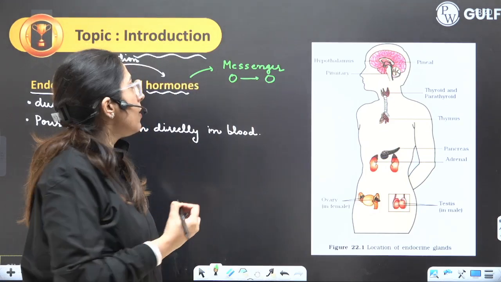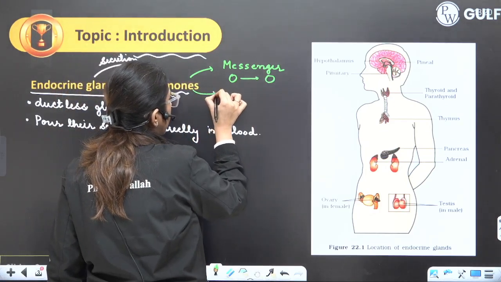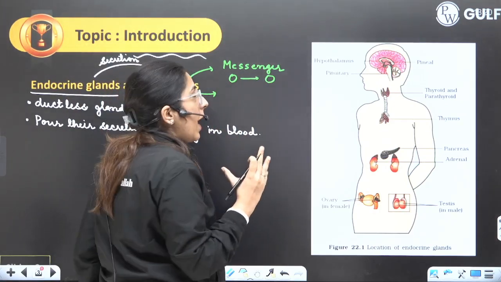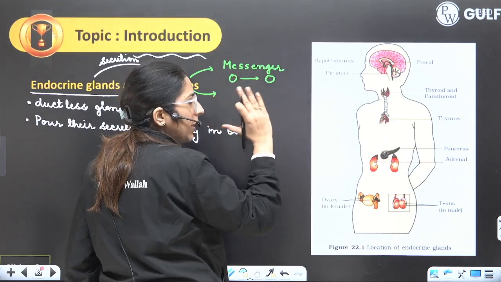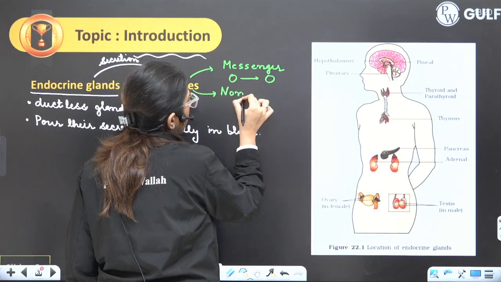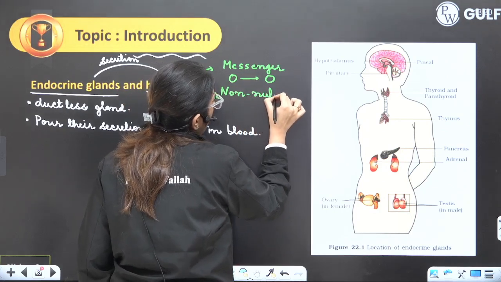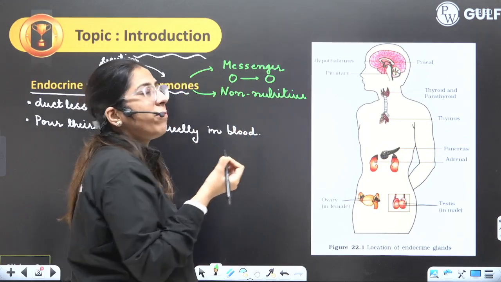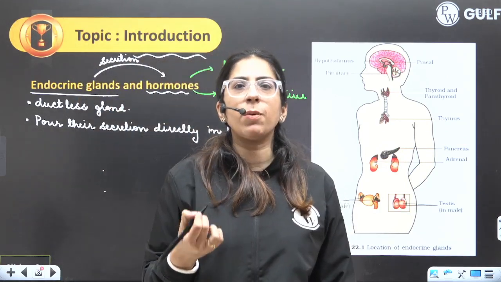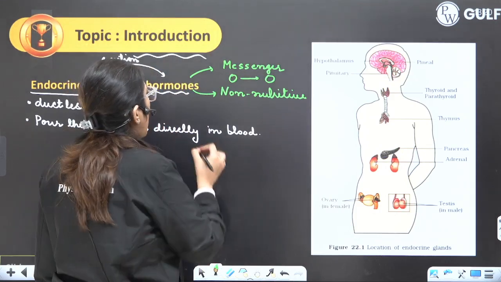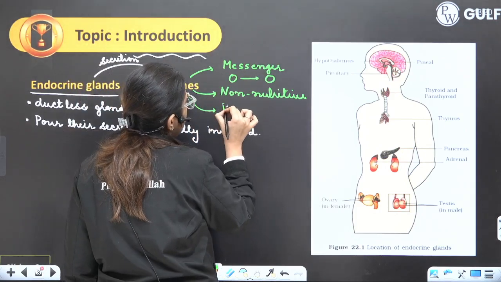The function is definitely to help in communication. Another very important thing is these are non-nutritive in nature. Though many are made up of protein, many are made up of steroids, I'll talk about that. But they are non-nutritive in nature and they are produced in traces.